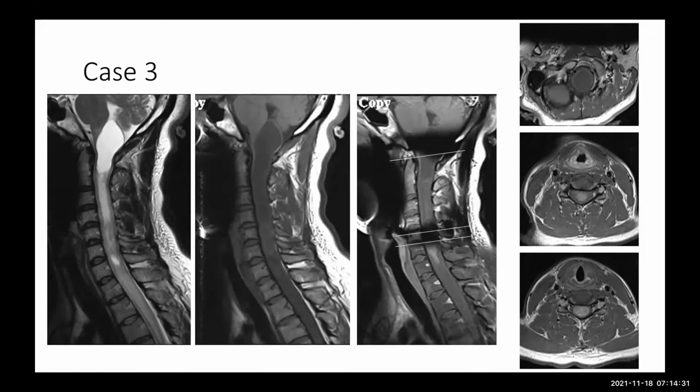I'm not sure honestly what the differential is for this tumor. First of all, is this contrast enhancing? Is it not contrast enhancing? I don't know if I missed that or not.